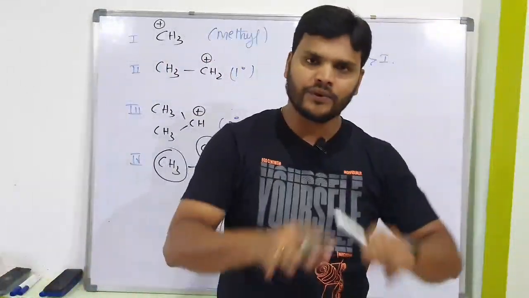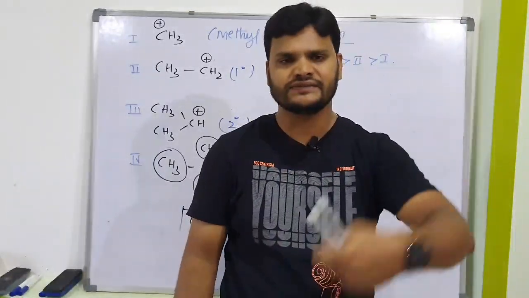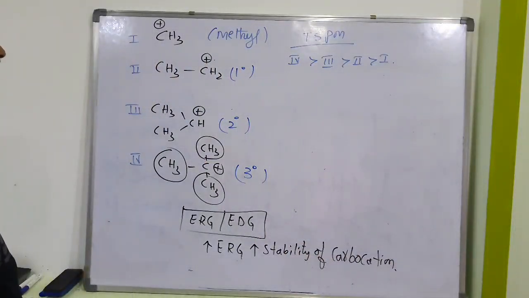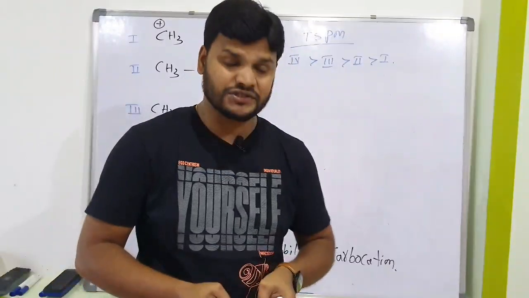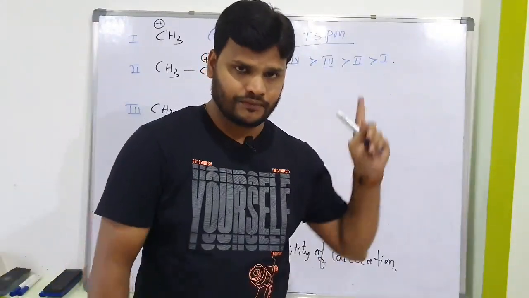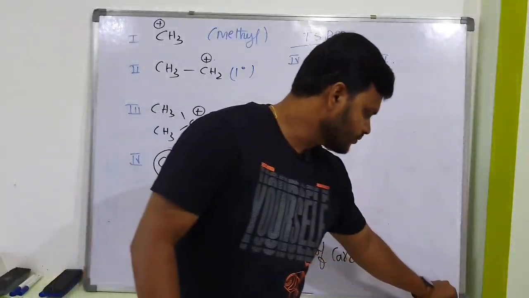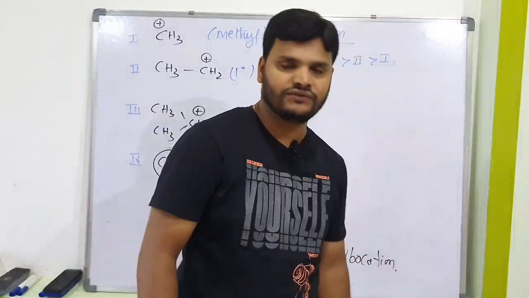And one more important point, all alkyl groups act as electron releasing groups. This is a fixed point, take it for granted. And one more important point, according to the hyperconjugation concept. Hyperconjugation is a concept that comes under electronic effects. Once you go through the electronic effects video on my YouTube channel, you will get full clarity.